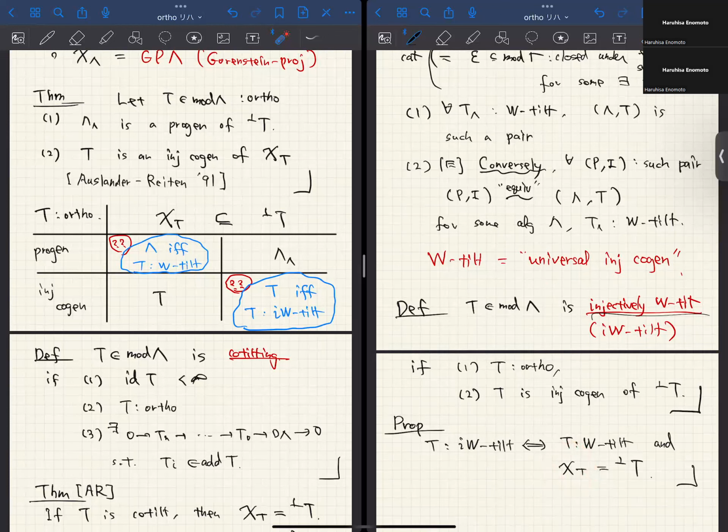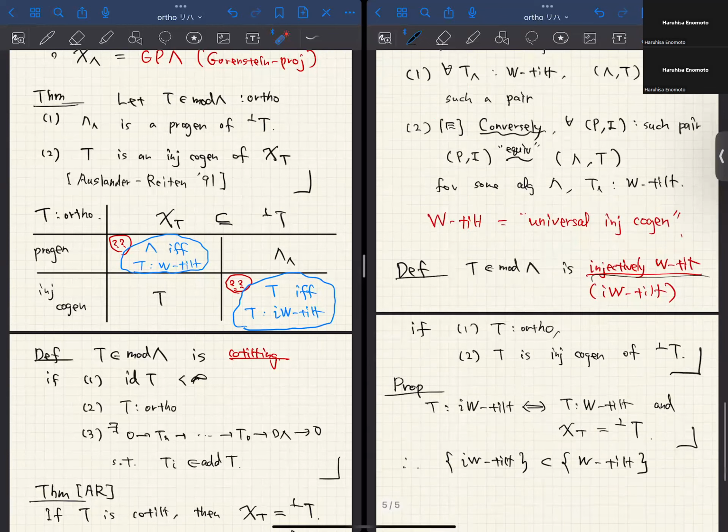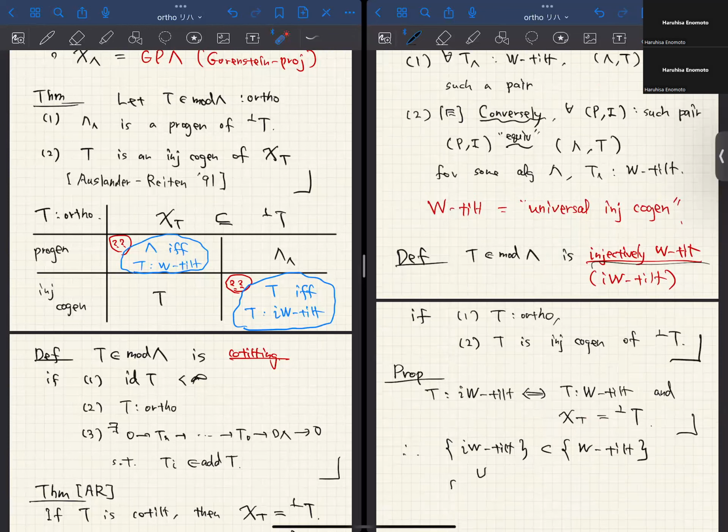So injectively Wakamatsu tilting modules constitute a nice subclass of Wakamatsu tilting modules. Also, cotilting modules are examples of injectively Wakamatsu tilting modules.